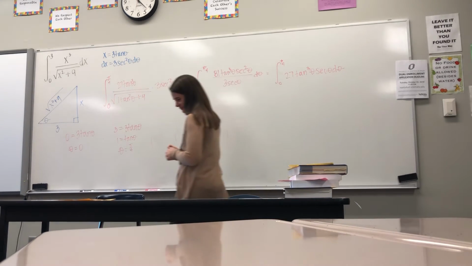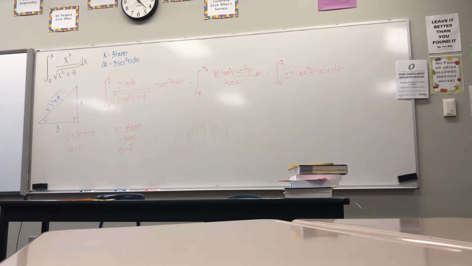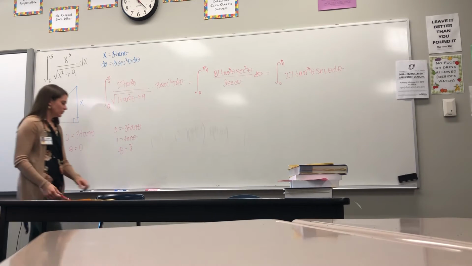Now what is the question? I always get down to these parts and then I'm stuck. That's why we did Thursday's lesson. We have tangents and secants together in an antiderivative. This is where you have to split it into tangent squared times tangent.